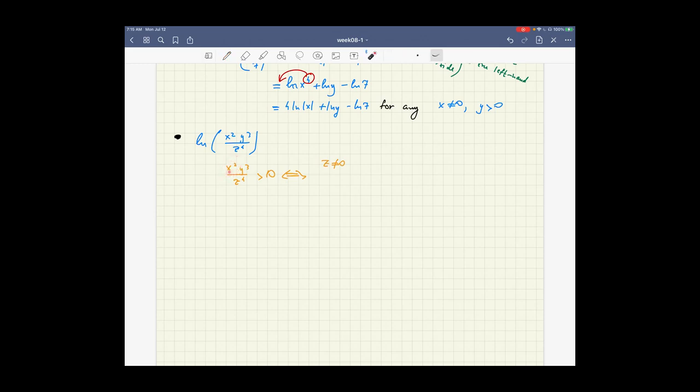And if x is not 0, x squared is always positive. So the ratio of x squared over z to the fourth is always positive. And the sign of this expression is entirely determined by the sign of y. Y has to be positive, because if y is negative, the entire thing is negative.